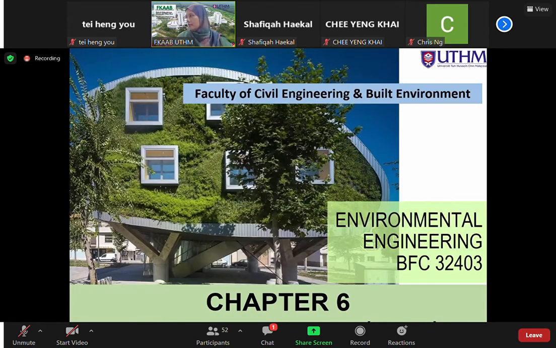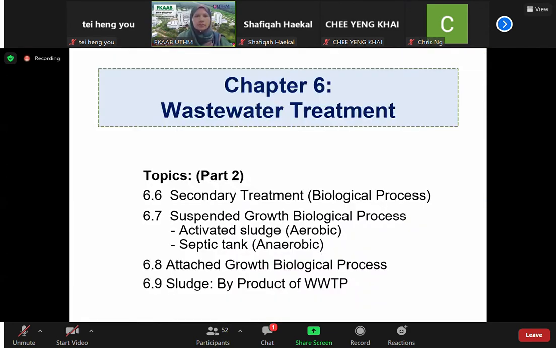Okay, after the sedimentation process, we go to the next important part, which uses this biological process, by using bacteria. In here we have two processes, which are aerobic with oxygen and anaerobic without oxygen.